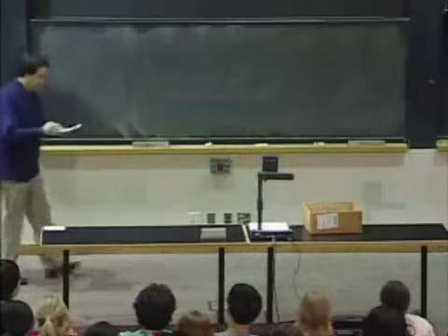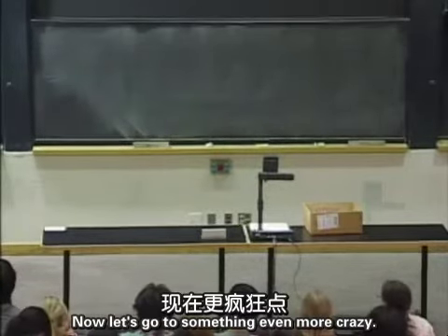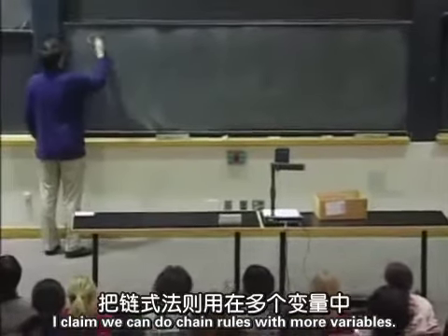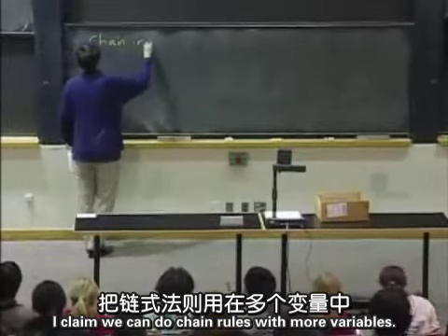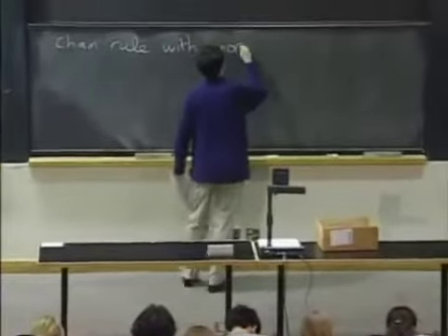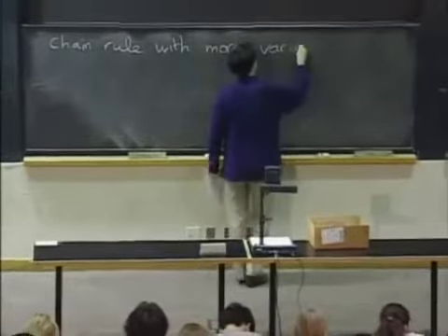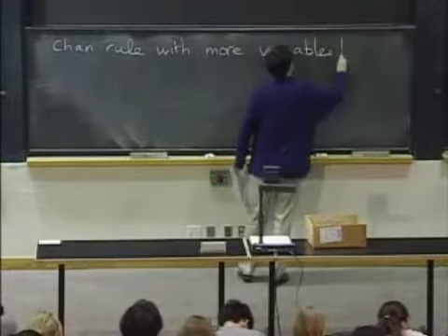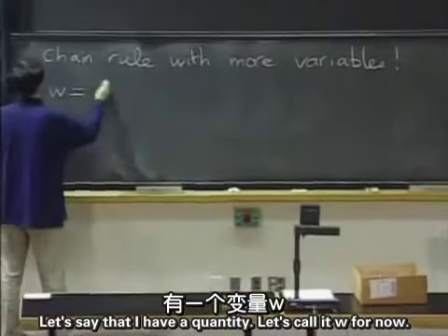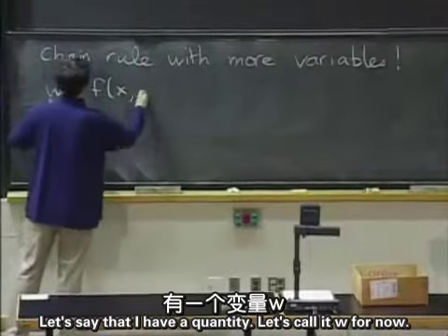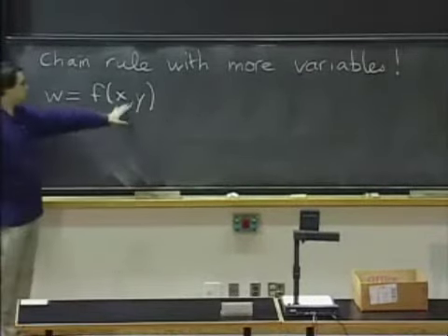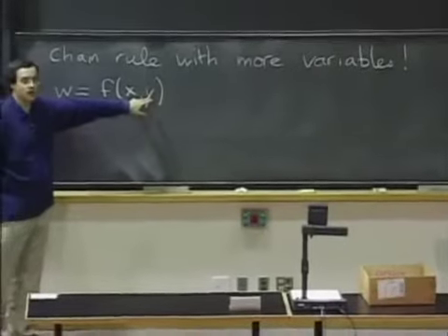Okay, now let's go to something even more crazy. I claim we can do chain rules with more variables. So let's say I have a quantity, let's call it W today for now, as a function of, say, two variables, x and y.